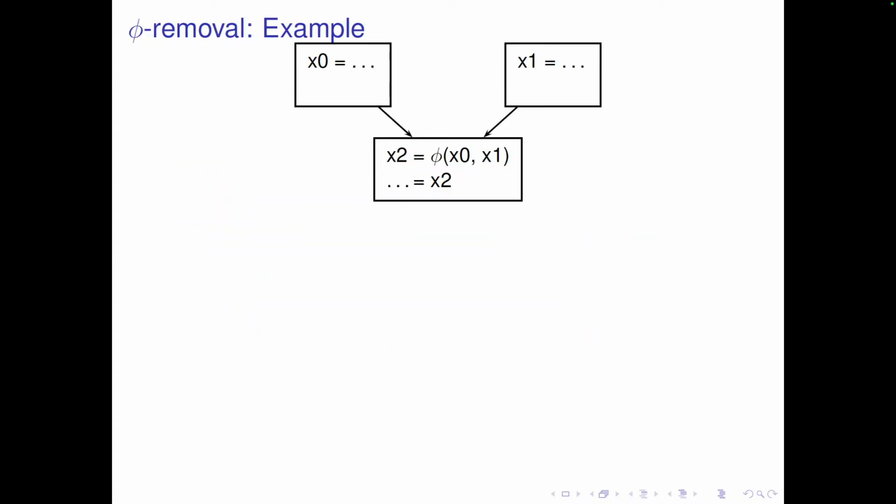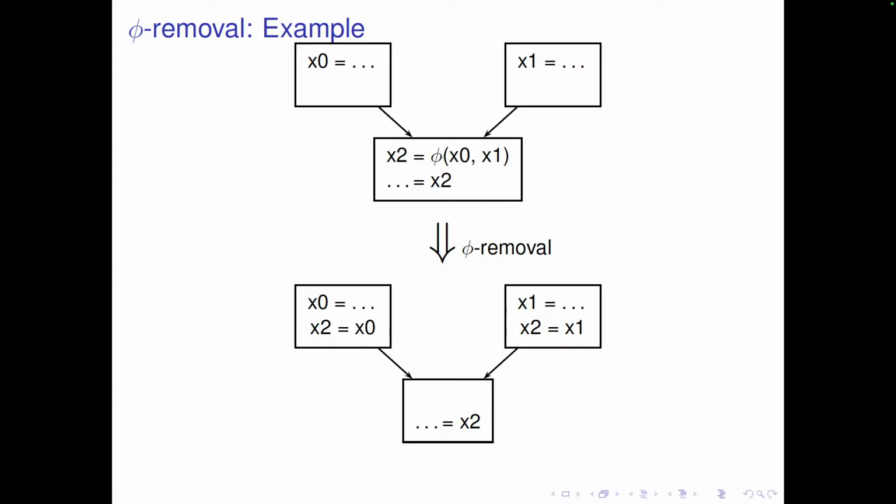Okay. So here is a phi removal example. I have an SSA based program, x0, x1, and x2 is phi of x0, x1, and then I am using x2. So how do we remove it? As I said, across each edge you back propagate an assignment to the appropriate argument.